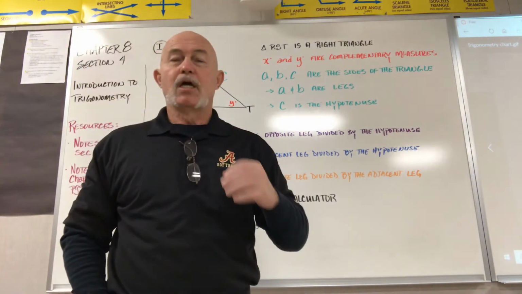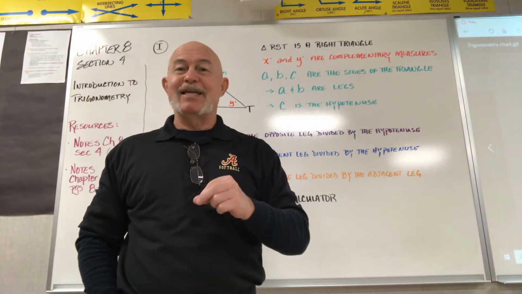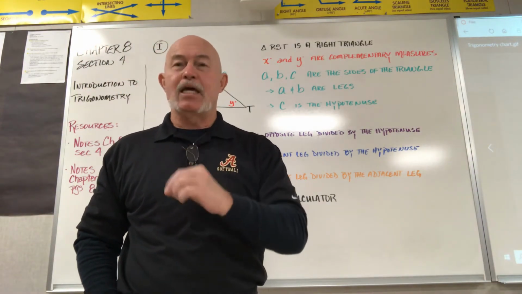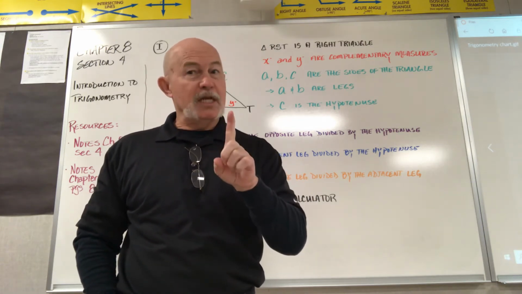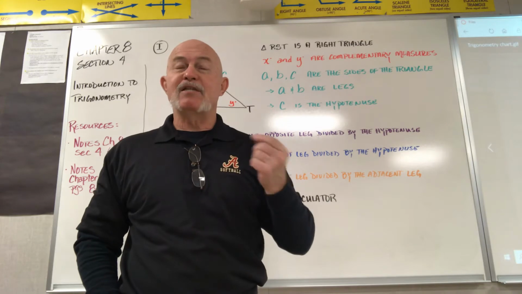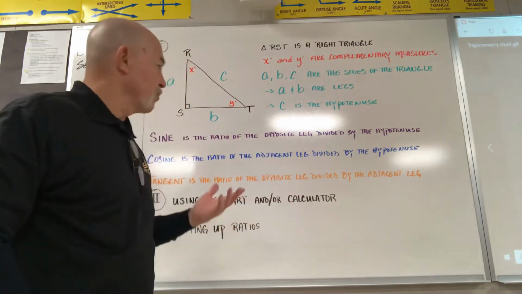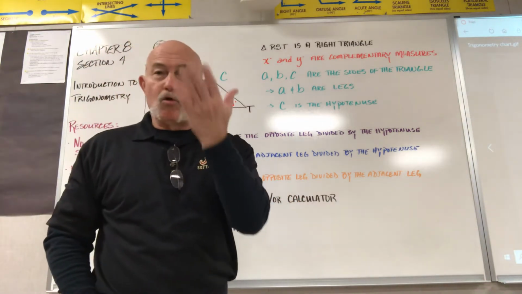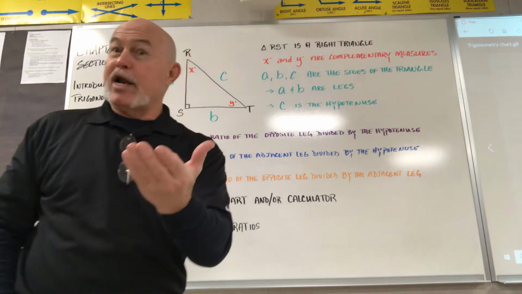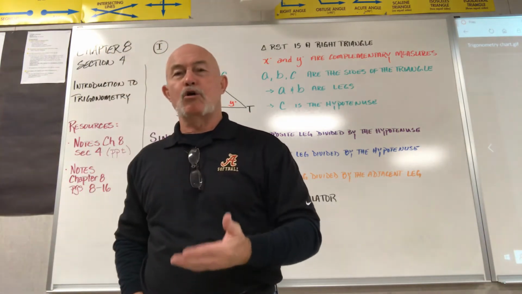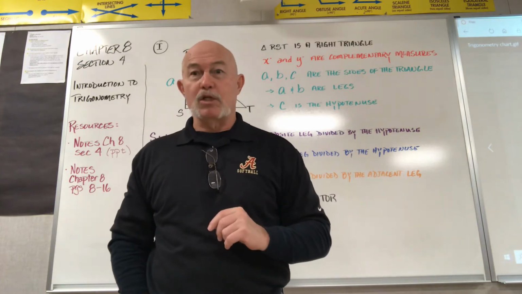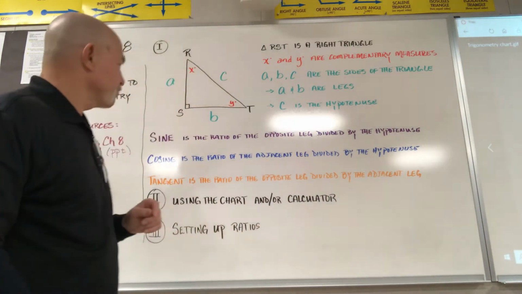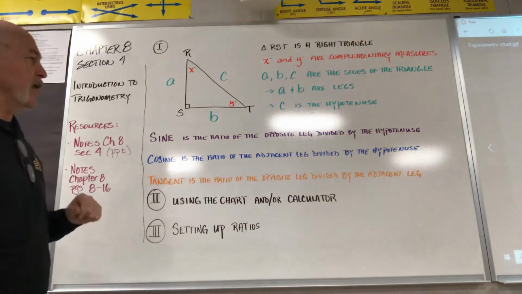The cosine is the length of the adjacent leg divided by the hypotenuse. The tangent is only the legs, the opposite leg divided by the adjacent leg. We are going to set up fractions, ratios, and we can turn those into decimals, which I will show you in a second once again. So that's what we look at.